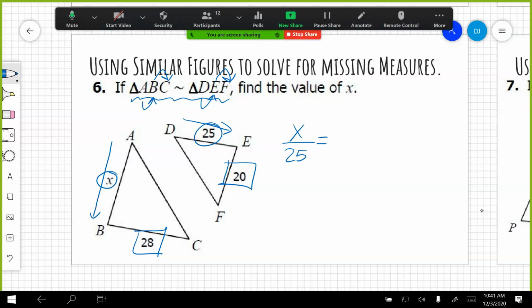I think my computer had a heart attack there for a second. x to 25 and 28 divided by 20. Okay, so now that you have that proportional relationship set up, okay, Teddy, what would we do next to solve for x?